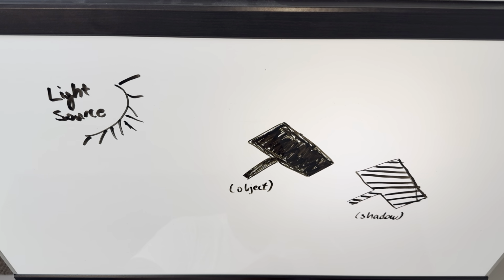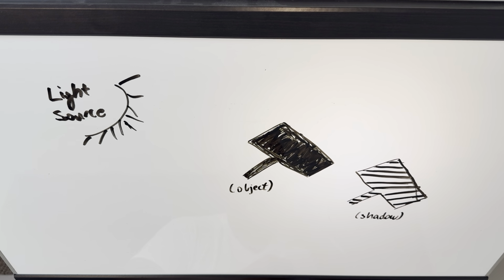The first thing we need to understand is the ray generation, the primary ray, right? So we have raygen, we have miss, we have what we call the closest hit.